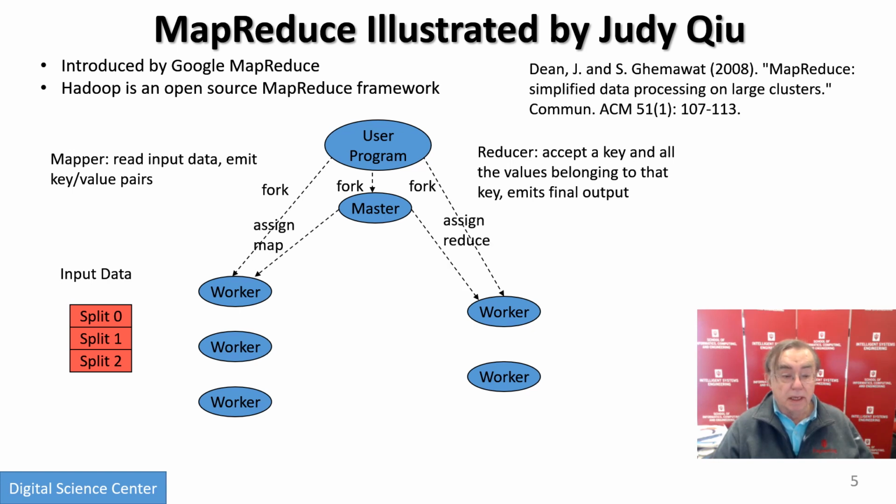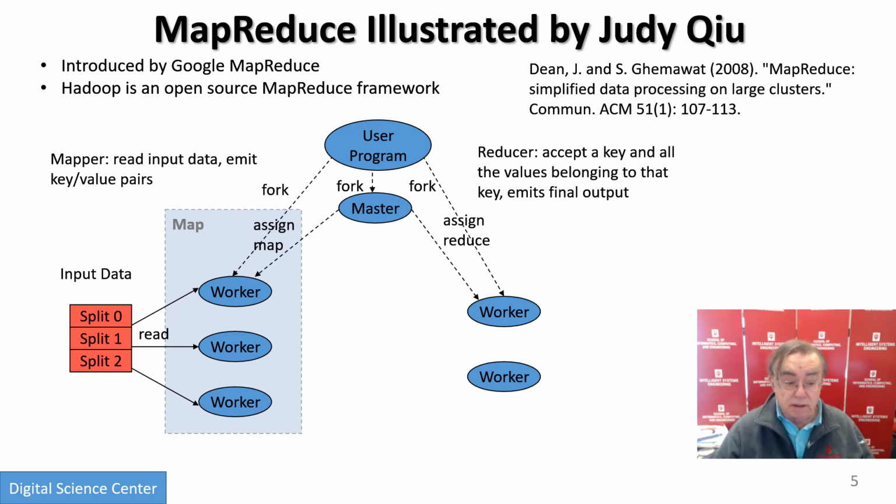These workers are on the map side. The maps actually do the work, and the reduce side, the reduces add up the work of the workers. Sorry, of the maps. And they can run on the same computers or different computers.